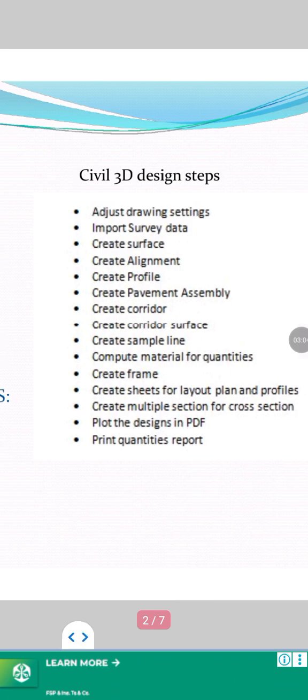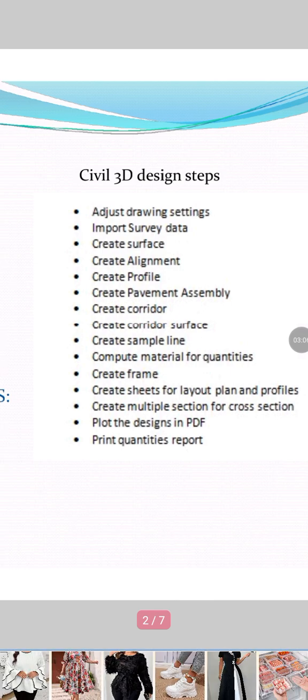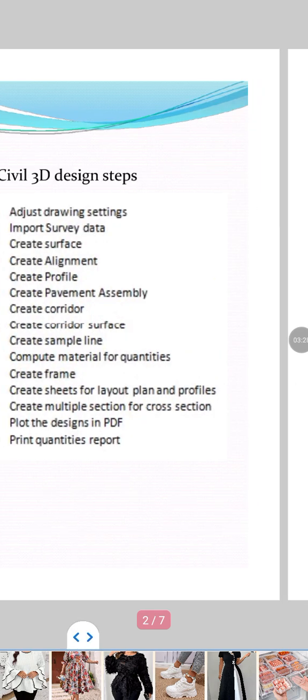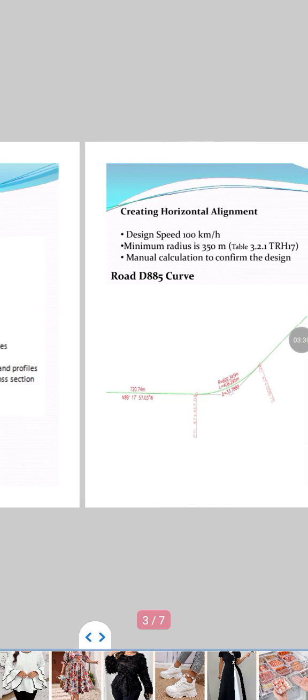We also created frames for the alignments, and we were able to create sheets for layout plans and profiles. We created multi-sections for cross-sections, and then we plotted the whole thing to PDF, and we were also able to print out the quantities report.